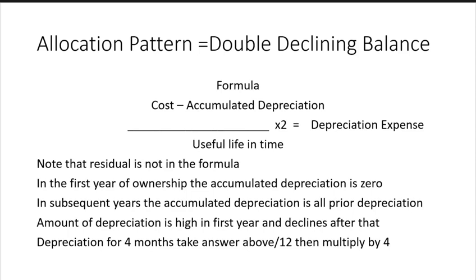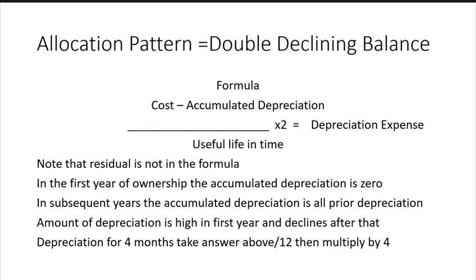If you want to do it for just months, then divide by 12 just like we did before, and multiply by the number of months. All right, notice the times 2, that's the double in this formula. So useful life in time, all right, on the bottom, just like it was before on the straight line.